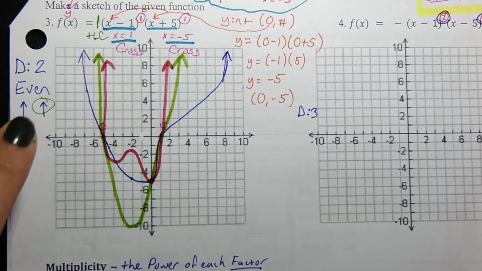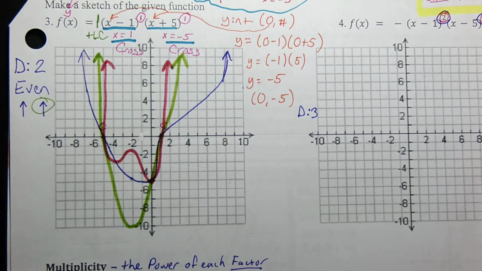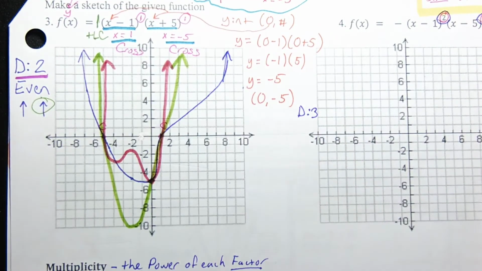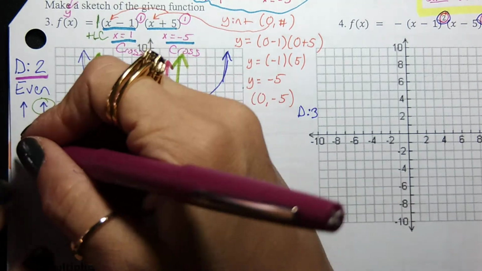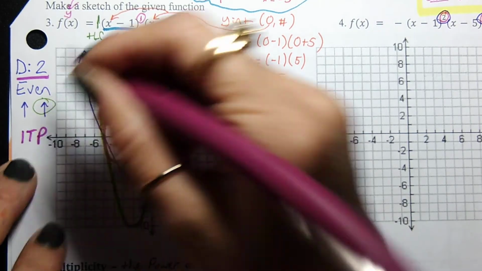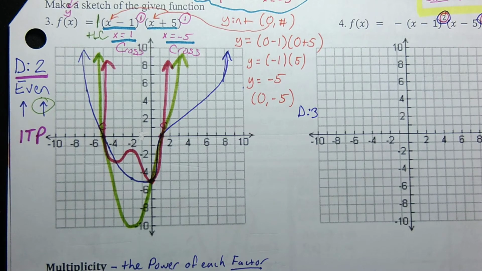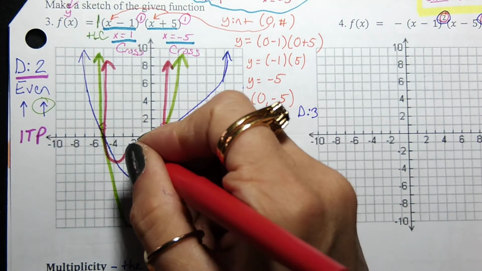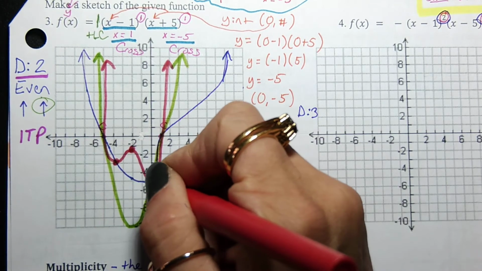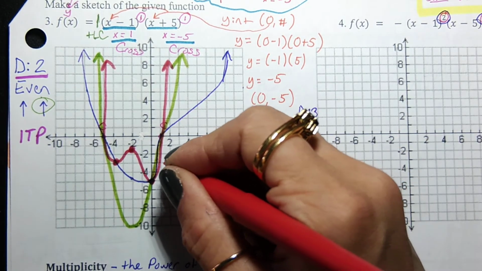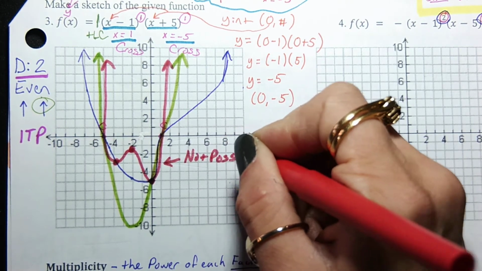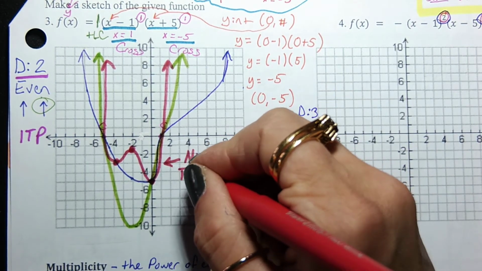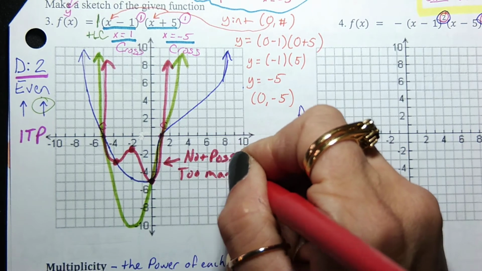If this is a degree 2, how many turning points can we have? Only one. One less than the degree. This red one has too many turning points. It has 1, 2, 3. So put a note that says not possible, too many TPs.